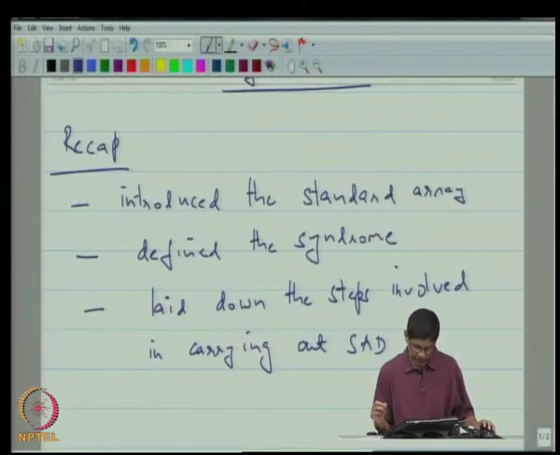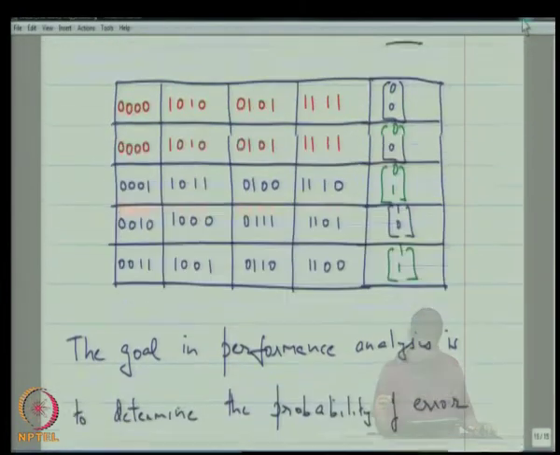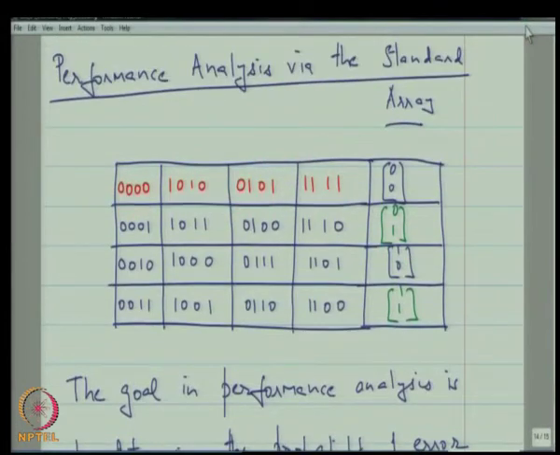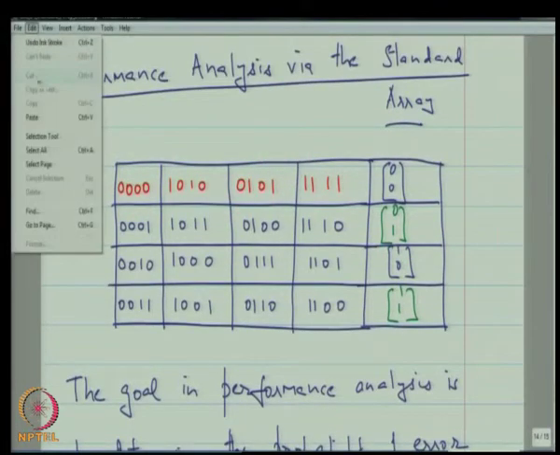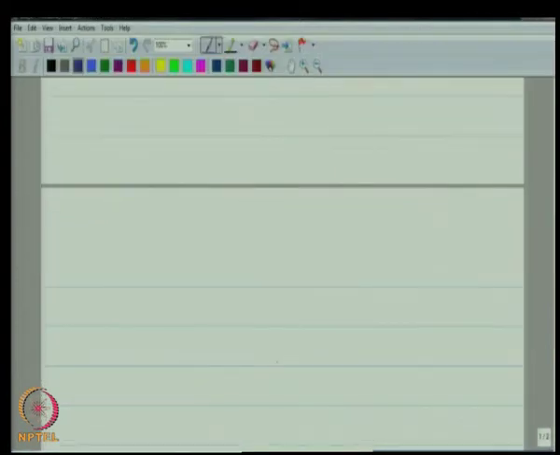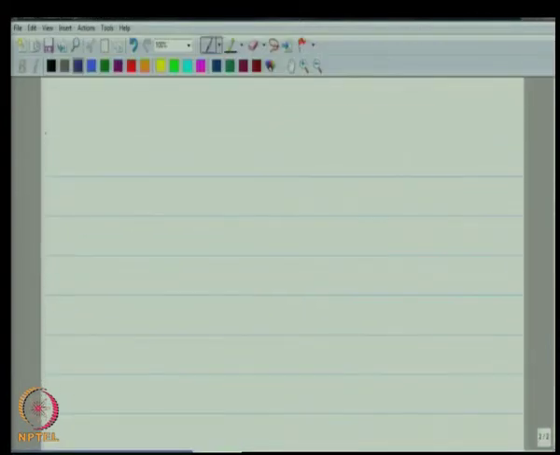Now, towards the end of the last lecture, let me copy this page here and paste that here.